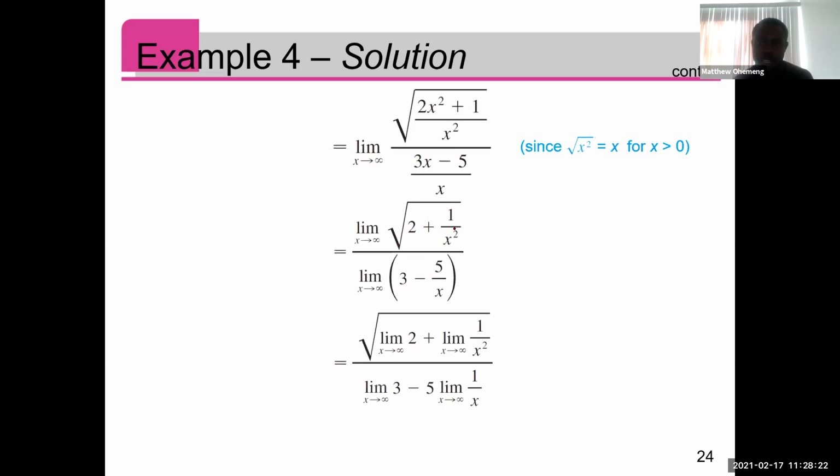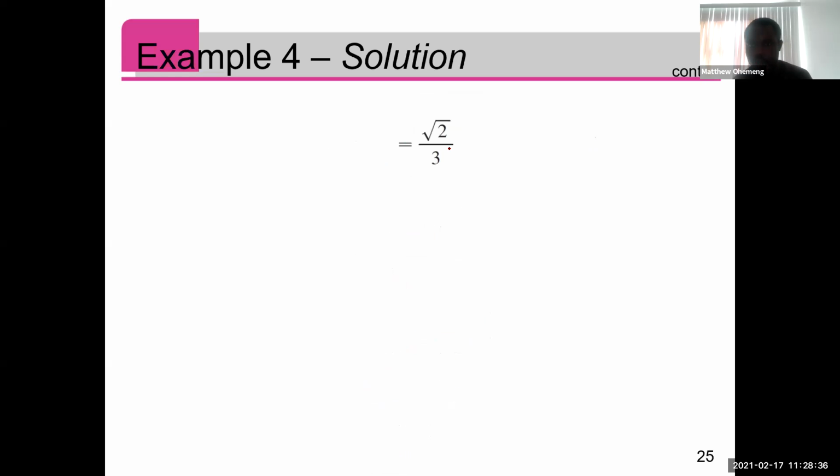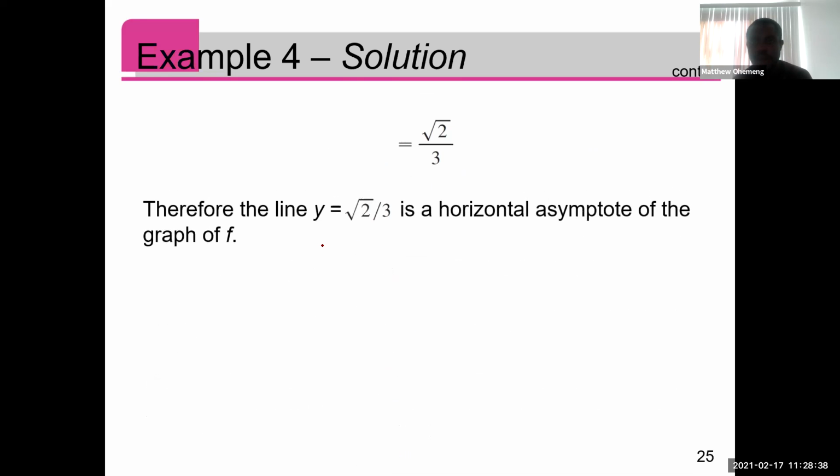That will be the limit of a sum, right? Then you get this. The limit of a constant is just 2, and then plus this one will go to 0. You have 3, the limit of a constant, and this also going to 0. So 5 times 0. So in the end, we have what? Square root of 2 over 3. So that means that y equal to what?